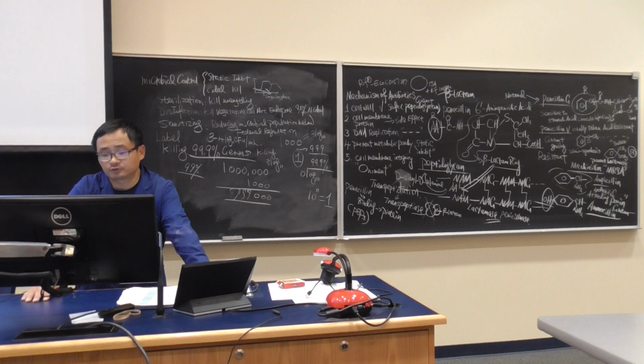We call it a decimal reduction time, the D-value. Sometimes bacteria cannot grow or be cultured on the media, but they still have toxicity. So we come out with viable but non-culturable. Once the viable but non-culturable cells recover, they may regain the ability to reproduce and cause infection.